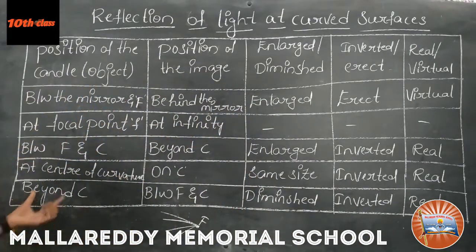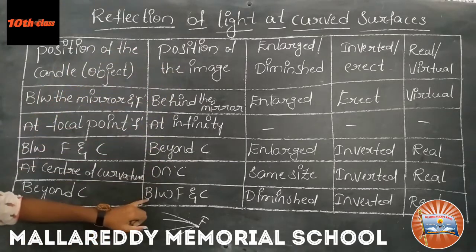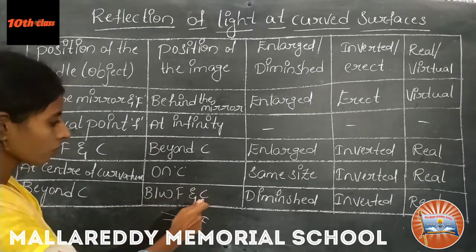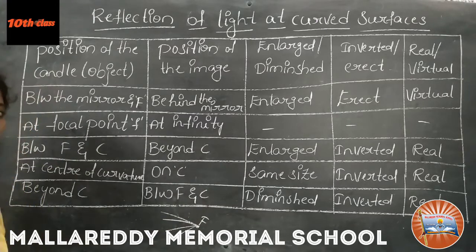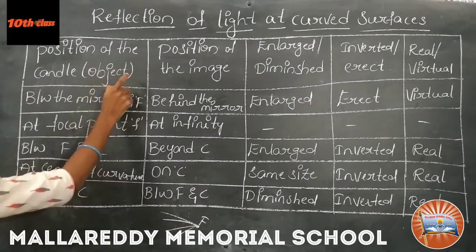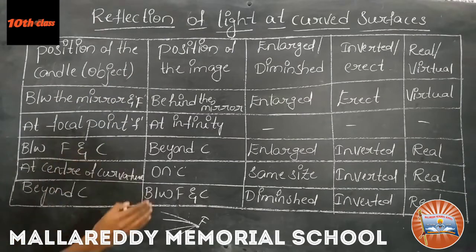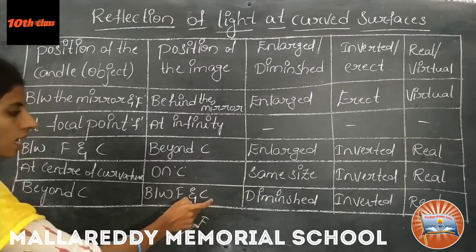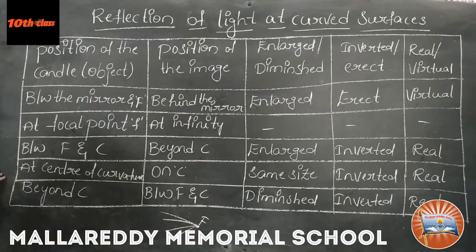Finally, we have the position of the candle or object beyond C. If the object is beyond C, the position of the image is between F and C, the principal focus and center of curvature.